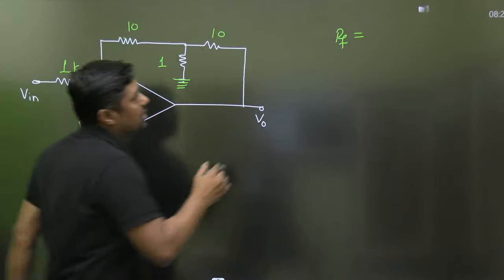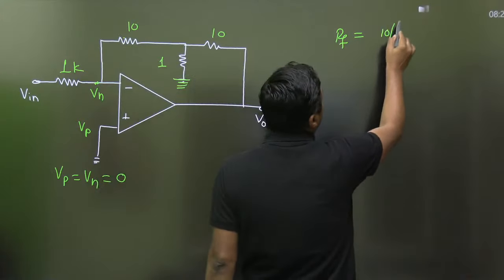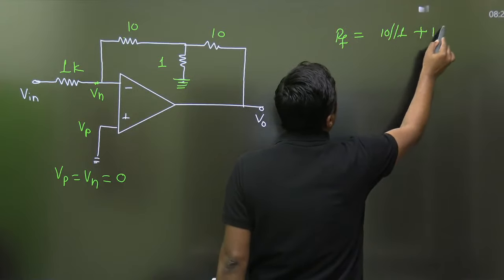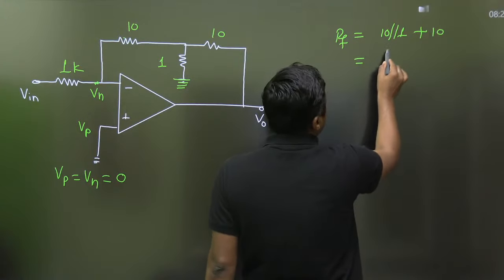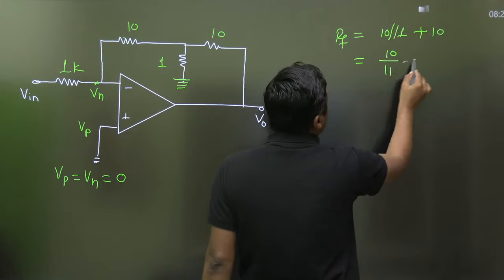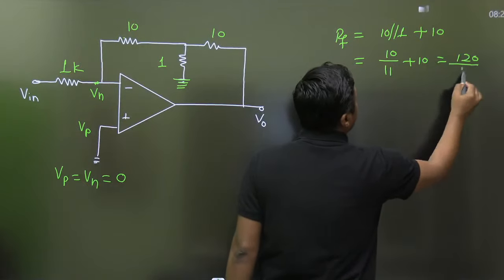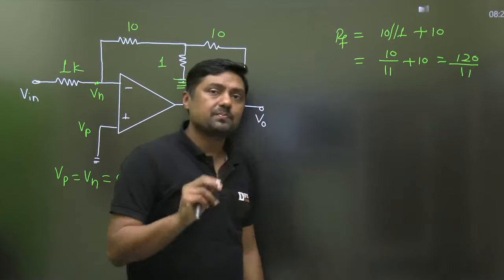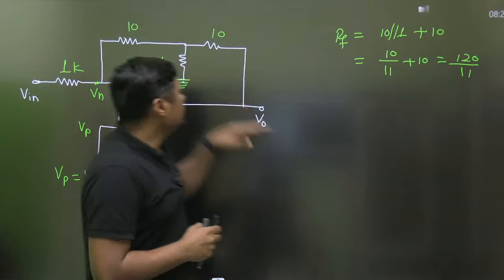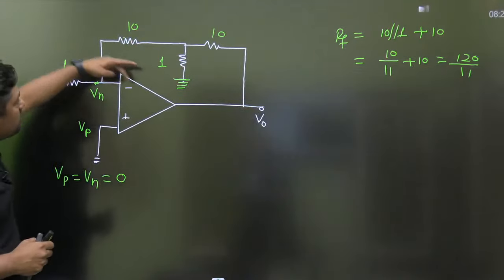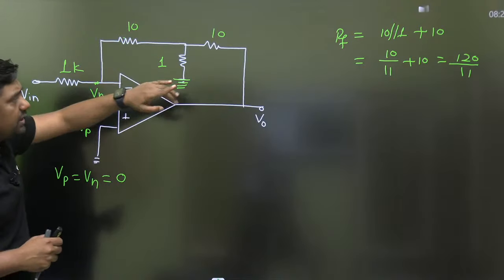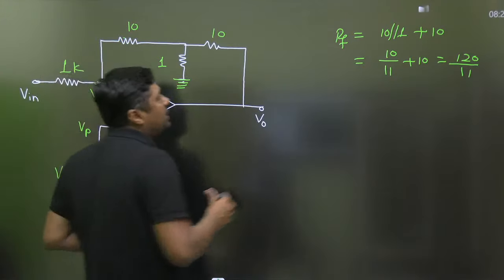Your RF will become 10 parallel with 1, plus 10. That is nothing but 10 divided by 11 plus 10, and this is nothing but 120 divided by 11. This will be the RF. We are taking this 10 kilo ohm and 1 kilo ohm in parallel because that is 0, and we are getting RF as 120 by 11.